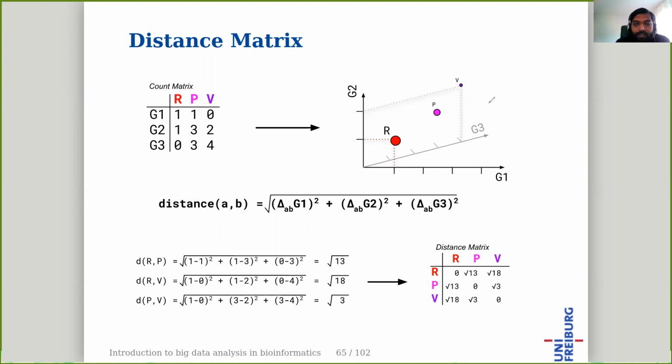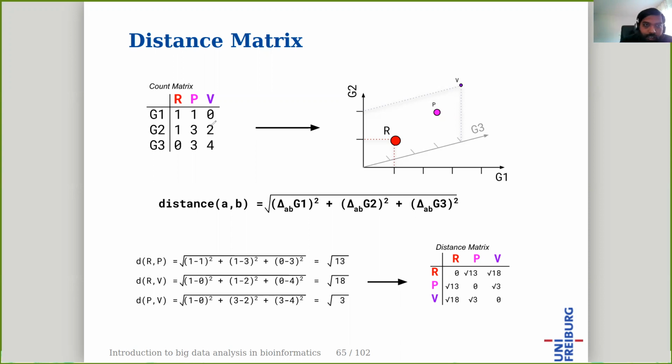And same for cell V. We can now see in 3D that cell R is somehow far away from cell V, because you can clearly see this one is closer in one of the dimensions than this one. This can be visualized when we have 3 dimensions, or in 2 dimensions it's much simpler.